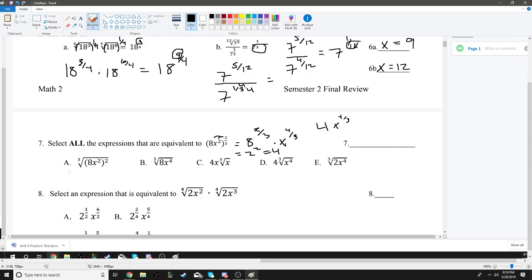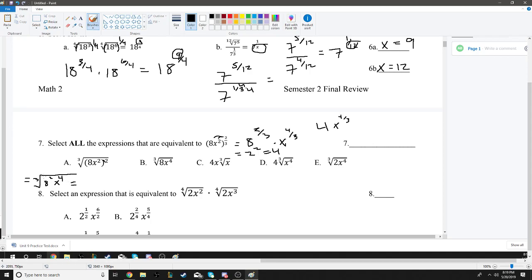Okay, so for A, let's distribute this 2 in here first. So this is going to be equal to the cube root of 8 to the 2nd power, x to the 4th power. Sorry, dog's going crazy.